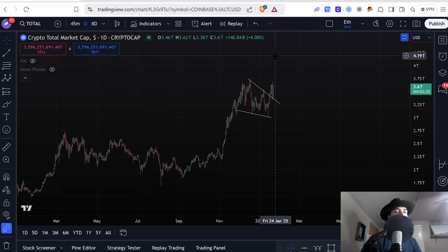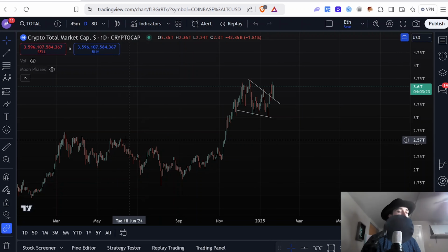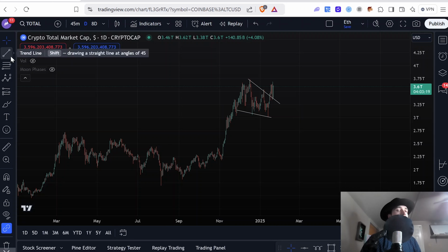So Litecoin is looking bullish and the total market cap is looking bullish too, which gives me even more confidence in my sentiment on Litecoin, because the total market cap looks like it's ready to break out as well.